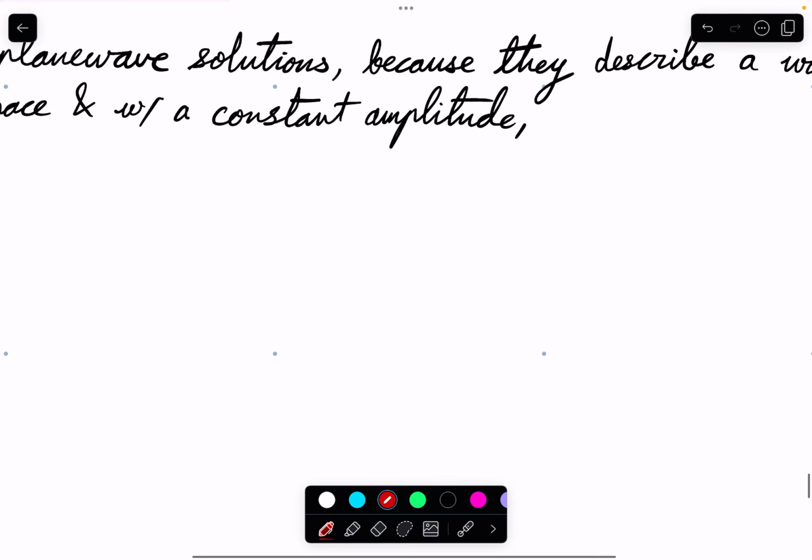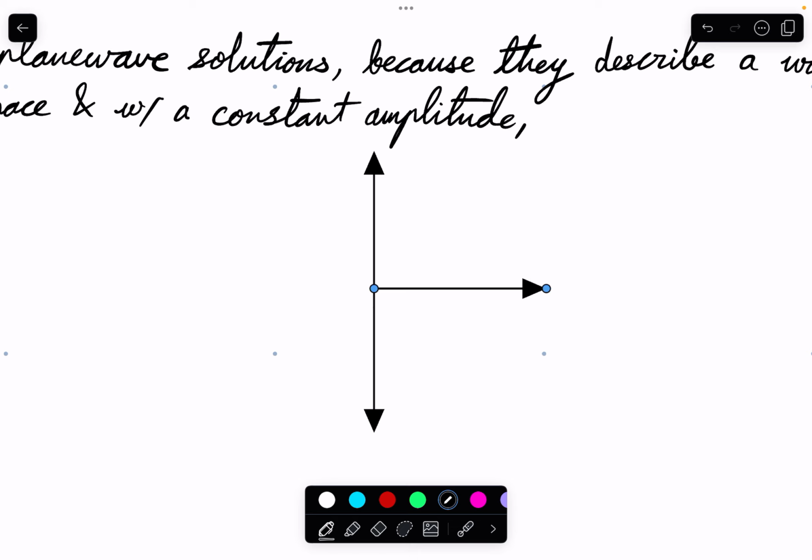So, an example of this, let's just create these and have space like this.